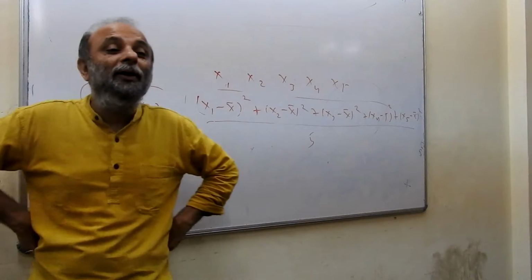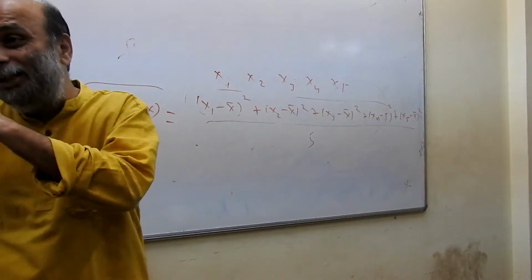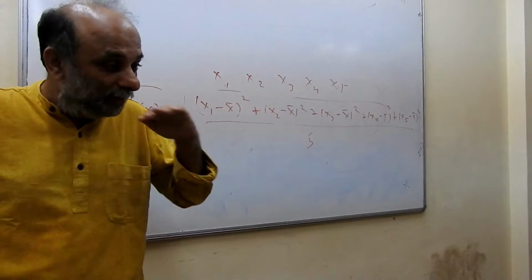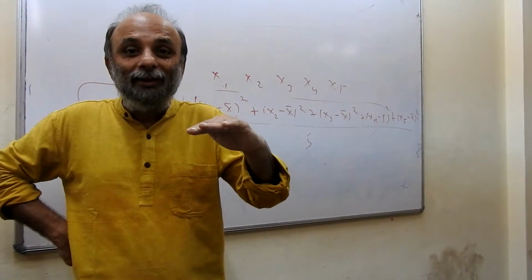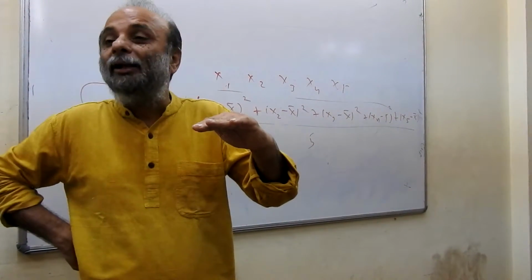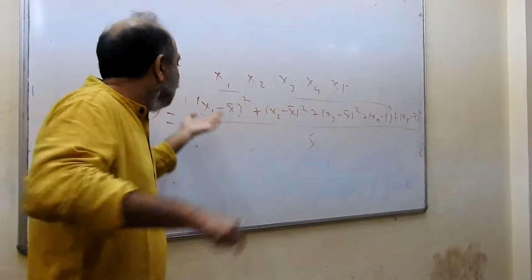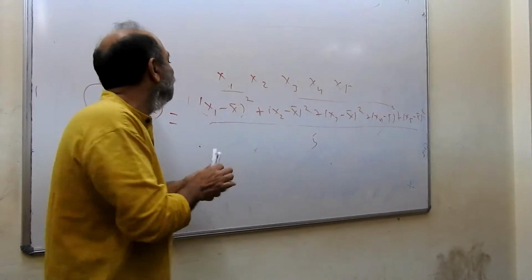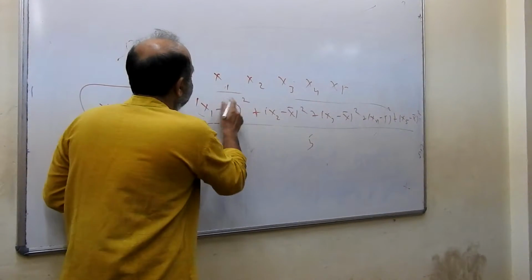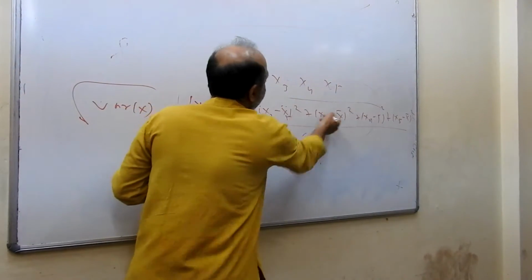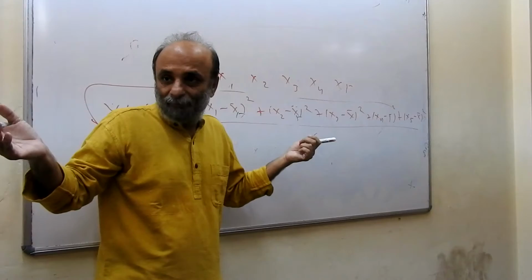Because x bar has the property that it minimizes the total distance from the mean. So therefore x bar is a benchmark. When you calculate xi minus x bar square, I could actually have said, if I got numbers 1, 2, 3, 4, x1 minus x5, and I could have got some average.